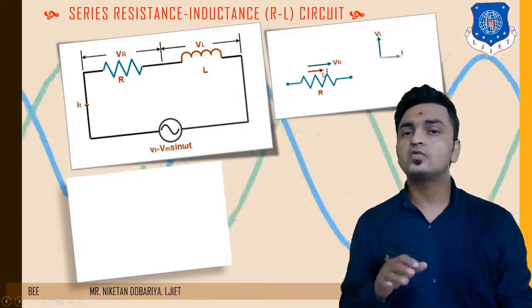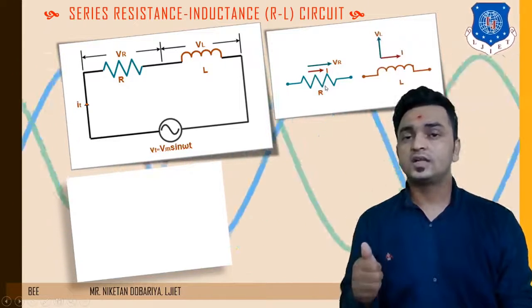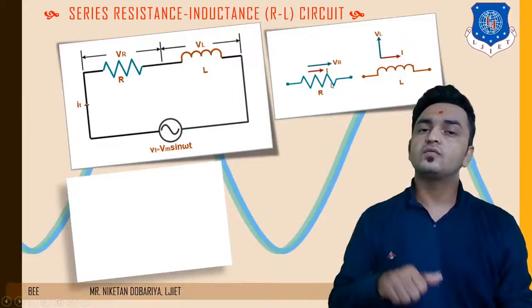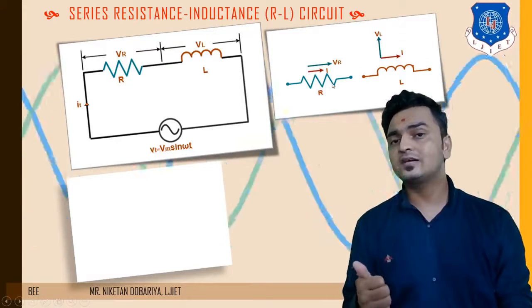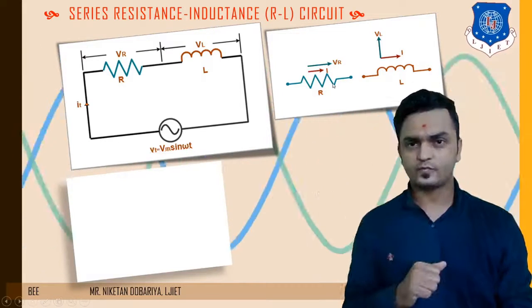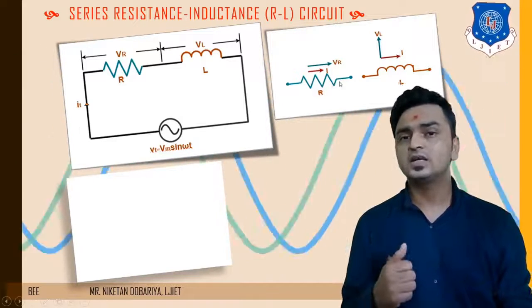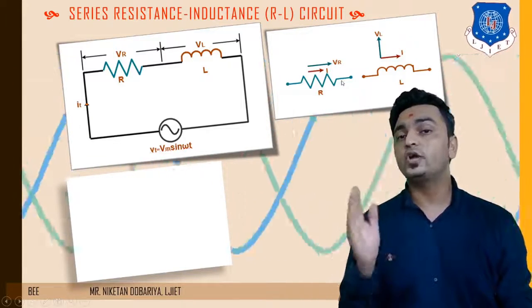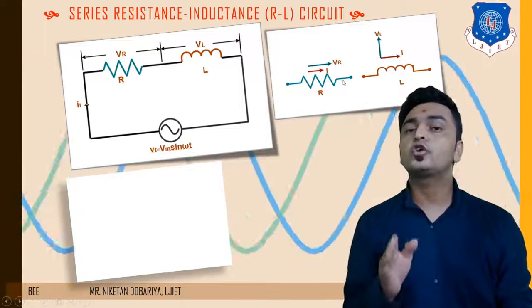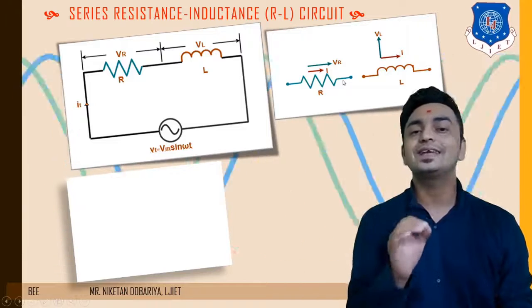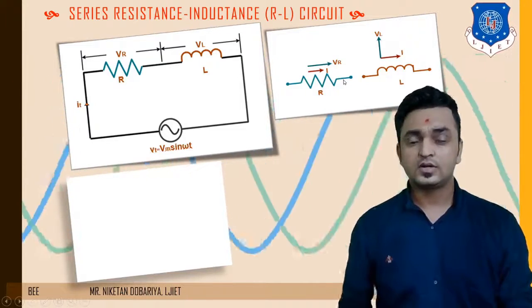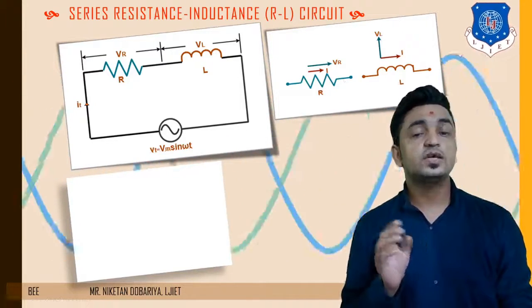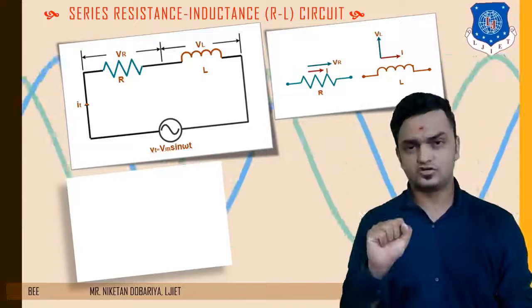But when we use an inductor, there is going to be a phase difference between voltage and current, and that is 90 degrees. To be exact, in an inductor with reference to voltage, current is in 90-degree lagging condition, and lagging means in the clockwise direction.